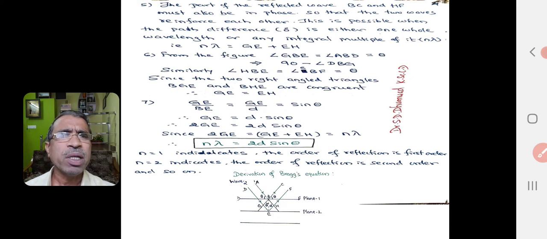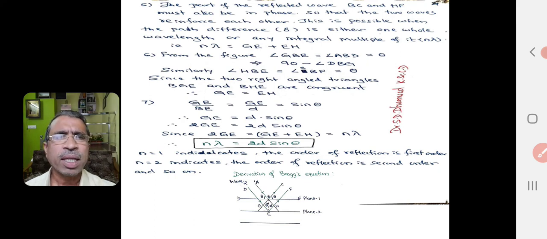So GE plus EH is nothing but n lambda, as I have given in point number 5. So instead of 2GE, I can write n lambda. Therefore, we get n lambda is equal to 2d sine theta.